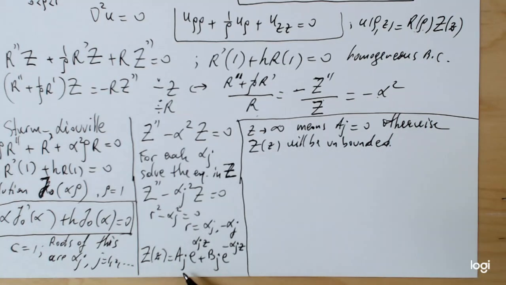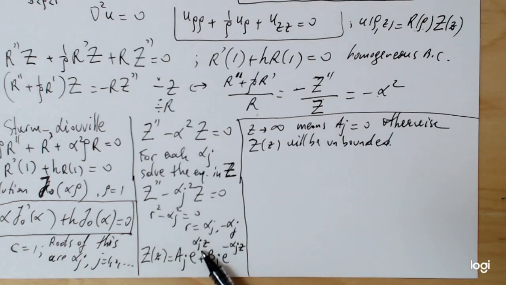So going back to the solution, we cannot allow it to be infinite at any point, in the sense of taking the limit of it. Because alpha j is positive and there is no upper bound, this is where the semi-infinite cylinder comes into play.